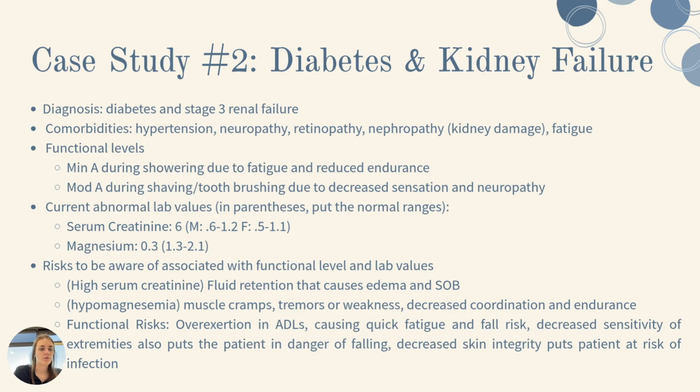So the risk, because of the high serum level, is fluid retention that can cause edema and shortness of breath. And their low magnesium levels cause muscle cramps, tremors, decreased coordination and endurance, as well as fatigue.